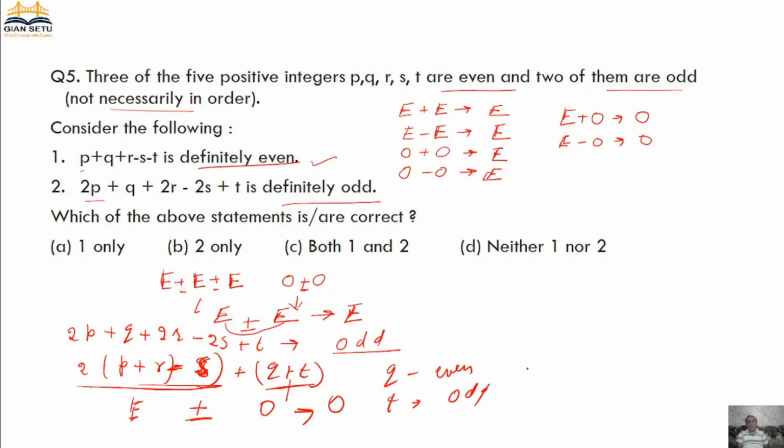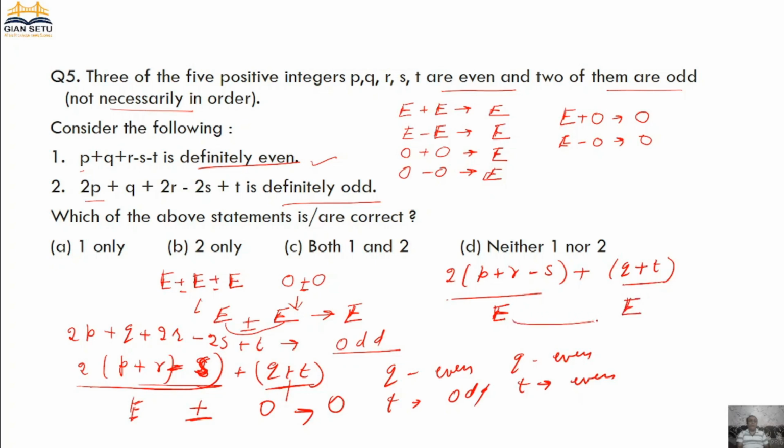But if Q is even and T is also even, in that case we have 2 times (P plus R minus S) plus Q plus T. Here this is even, and since both these numbers Q and T are even, Q plus T will also be an even number.